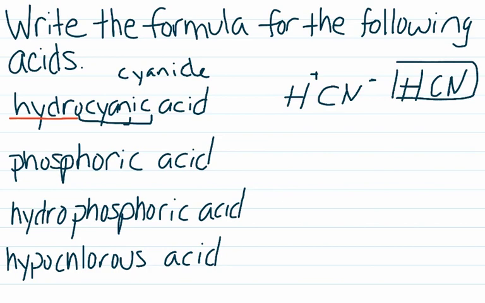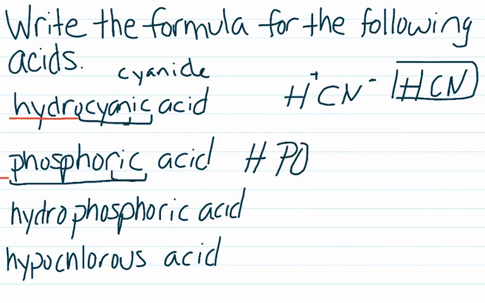Let's try the next one. You notice there's no hydro prefix, which means this acid is an oxy acid and it contains oxygen. So we start with H, and then we know that this phosphoric is a polyatomic ion because it has oxygen in it, because it's an oxy acid. We know it's PO something.